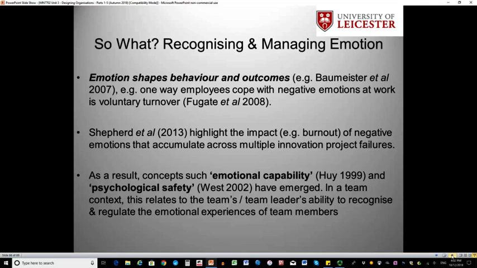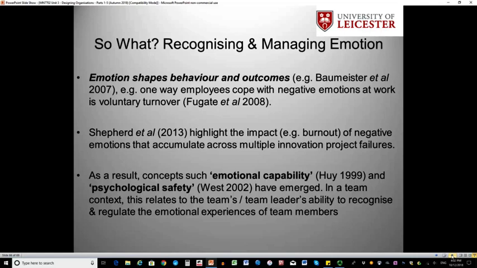And so if employees have continued negative emotions, it might lead to them leaving the organisation. And there's a really interesting piece of work by Shepherd, who I think is up at Newcastle Business School still, or possibly in America, I keep getting mixed up.